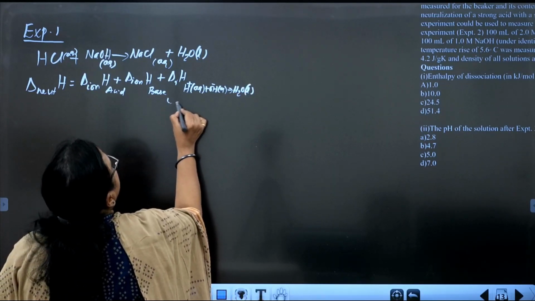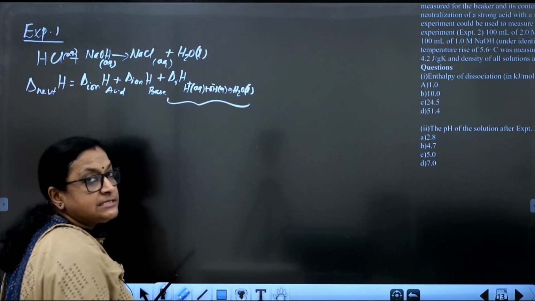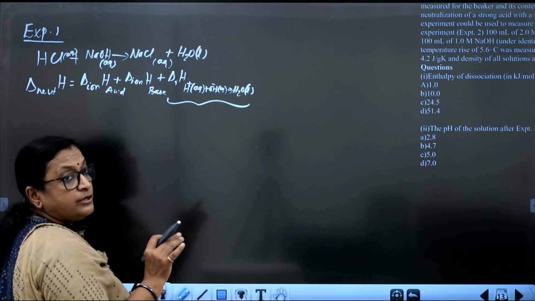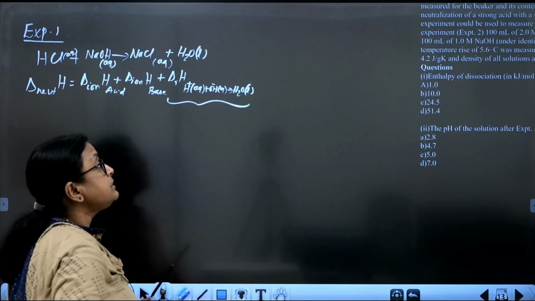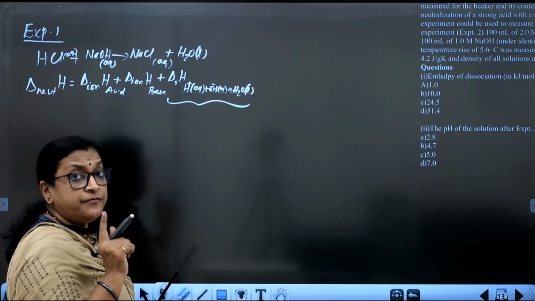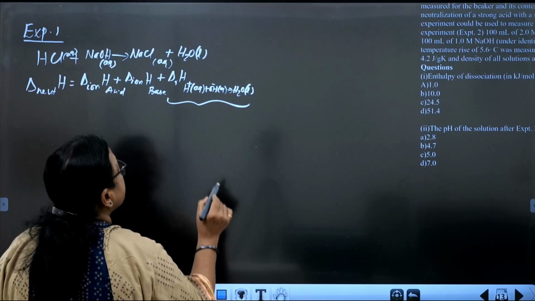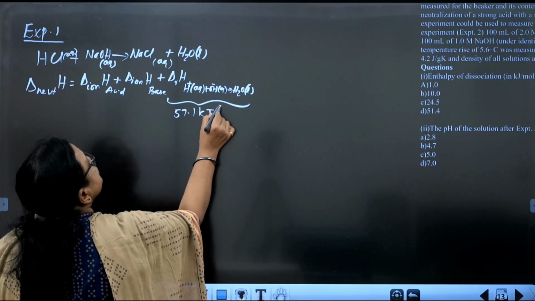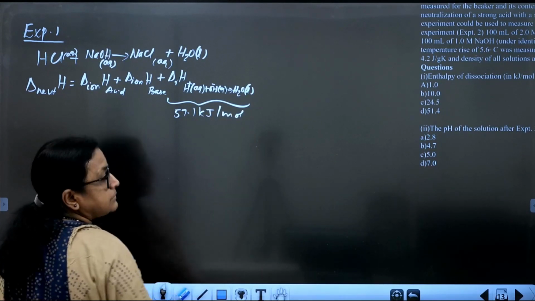Acid should ionize to produce H plus, base should ionize to produce OH minus. And whoever be the acid, whoever be the base, this part is going to be the same value, because for every 1 mole liquid water formed, this value is minus 57.1 kilojoule per mole water formed.